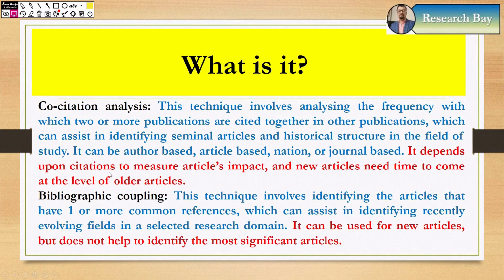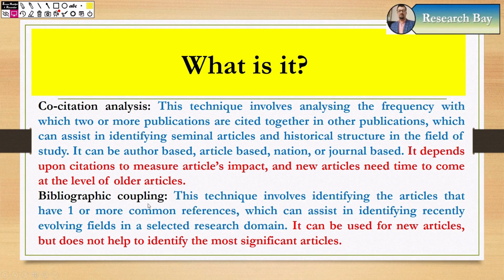It depends upon citations to measure articles' impact, and new articles need time to come to the level of older articles. So this is a drawback of co-citation analysis, that it depends upon citations to measure the article's impact. New articles which have just been published will need some time to come up to the level of older articles, but co-citation analysis does not consider them because it is solely on the basis of citations.